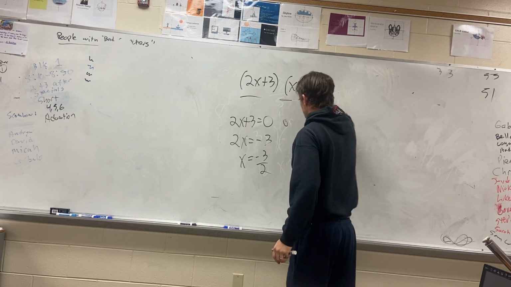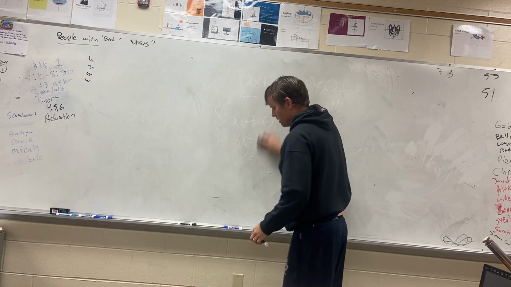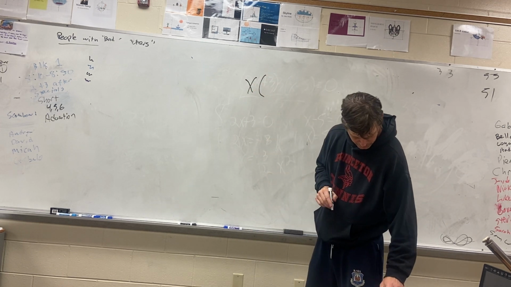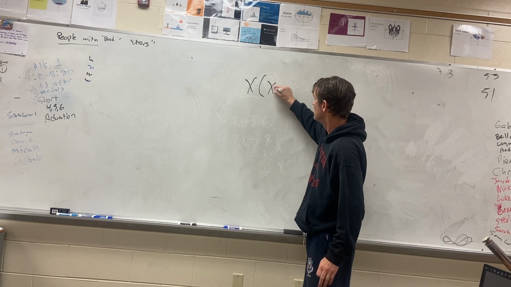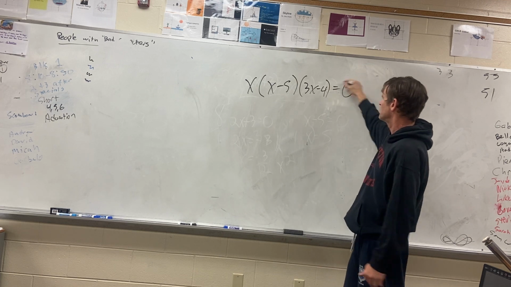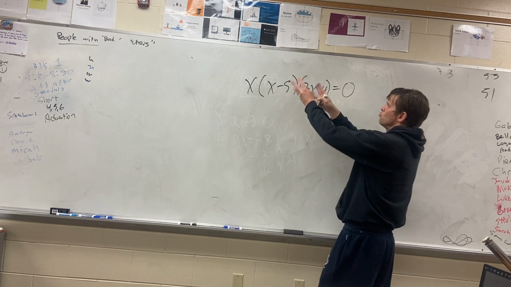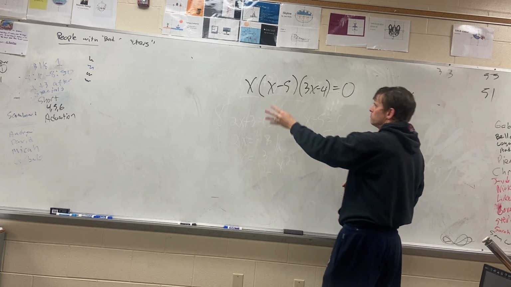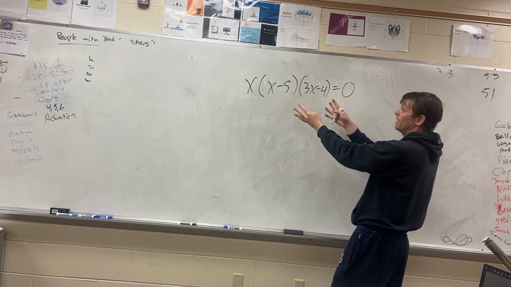All right. And then the last one is the same thing, but there are 3 of them. X times x minus 5 times 3x minus 4 equals 0. You're multiplying things. Your temptation is to fling stuff around. Nope, not yet. You just have to recognize this type.